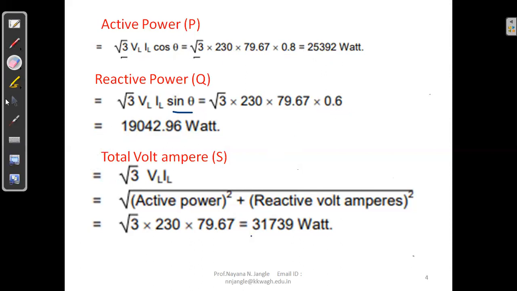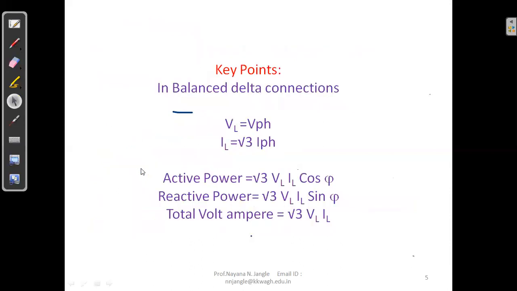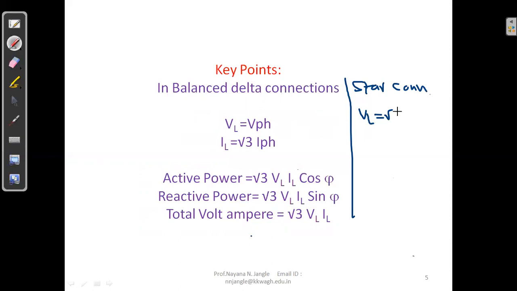Okay, now what will be the change if we convert this delta connected system into a star connected system? If the same problem is asked in star, what is the relationship between voltage and current in star connection? In star connection VL is equal to root 3 times VPH, and IL is equal to IPH.